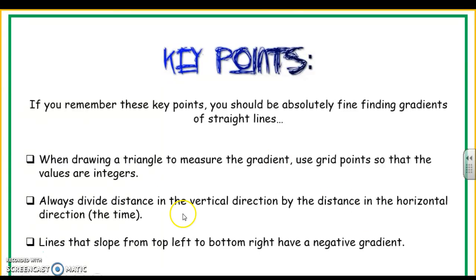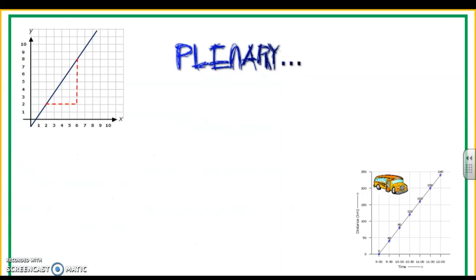So you want whole values, so we want integers. Remember, that's a positive or negative whole number. We want to divide the distance in the vertical direction by the distance in the horizontal, so it's always rise over run. Lines that slope from top left to bottom right have a negative gradient. So if it looks like you could ski down it, it's got a negative gradient.